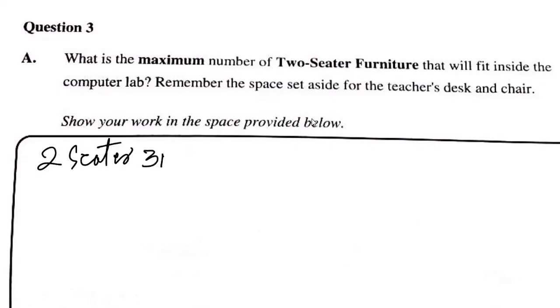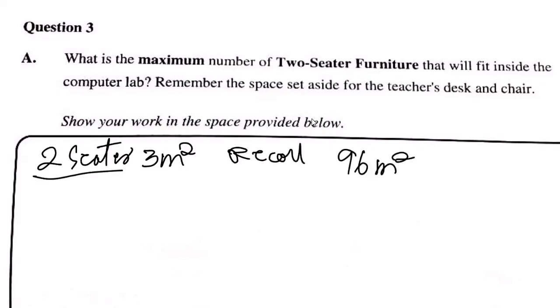So one 2-seater furniture occupies 3 meters. All right, let's recall when we got the total area, it was 96 meters square for the entire computer lab. However, the teacher occupies 6 meters square. Remember that was given.